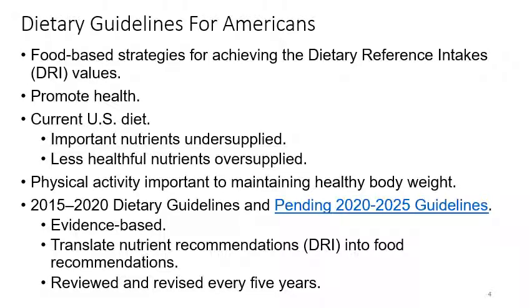Why every 5 years? Why can't they just have a set one? Well, what we eat changes, and how we behave toward food also changes. So what might have been important 5 years ago may not be as important now.